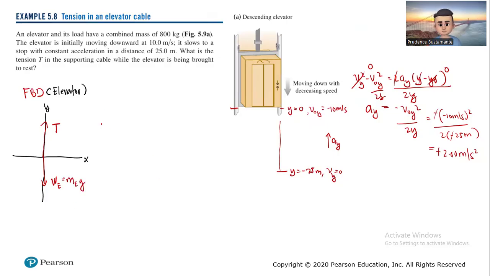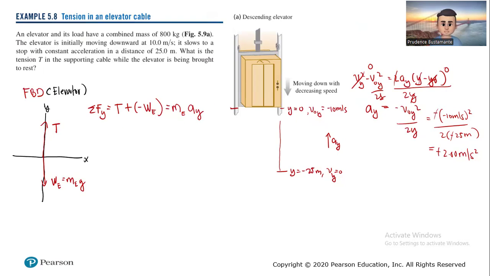From the summation of all the forces along y, this is equal to the tension plus the negative of the weight of the elevator. This is accelerating, so it equals the mass of the elevator times the acceleration a sub y.